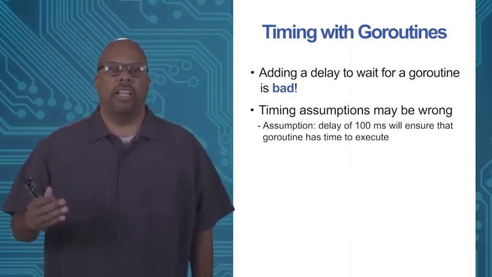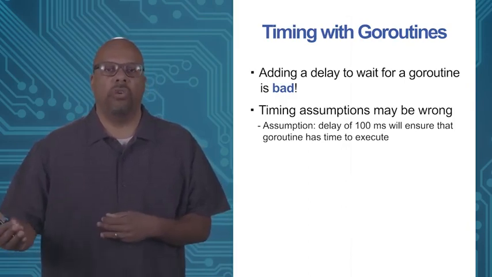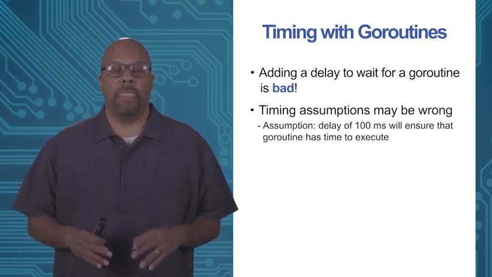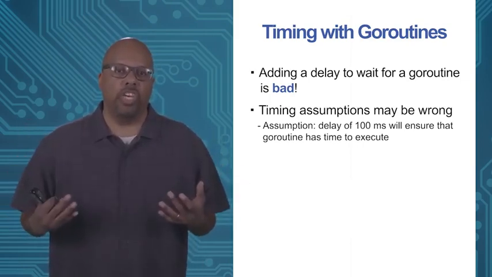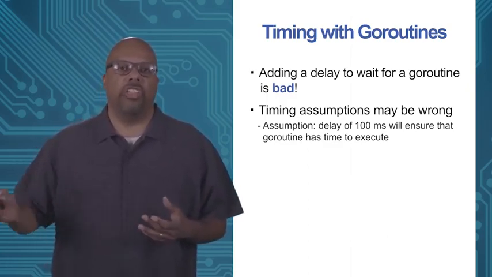And so I assume that the Go runtime scheduler is going to schedule the particular Go routine that I had in mind. I'm also assuming something about the operating system, because for all I know, the operating system, which is running above the Go runtime, could take that 100 milliseconds and move in another thread entirely.